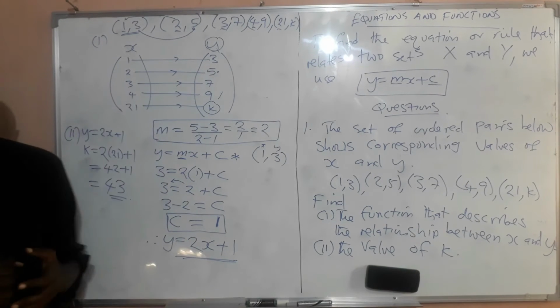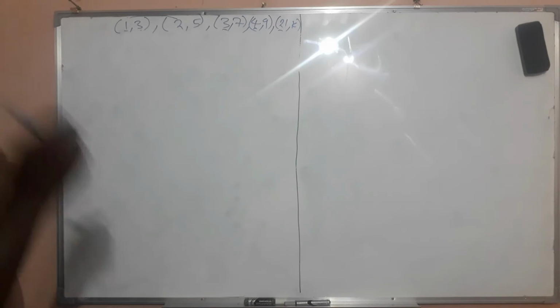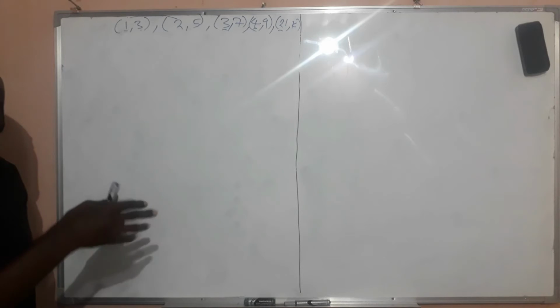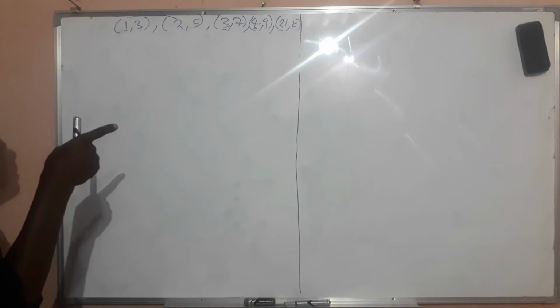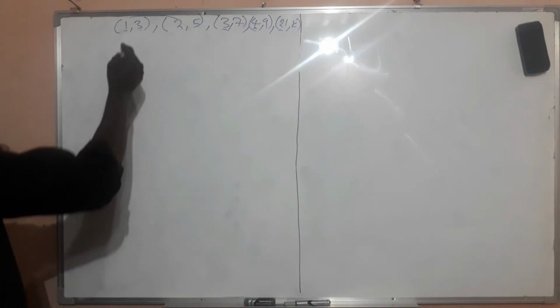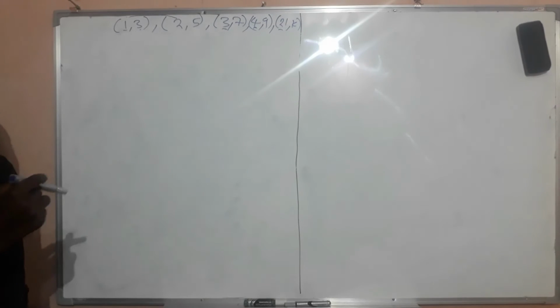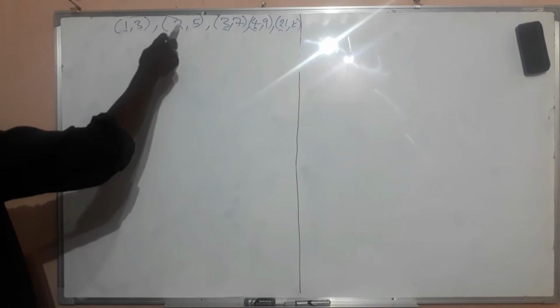Now let's go to functions. Before we go to functions, I want us to do a recap of the last part that we did. When we are given these ordered pairs, they are called ordered pairs because they are paired: 1 is paired to 3, 2 to 5.